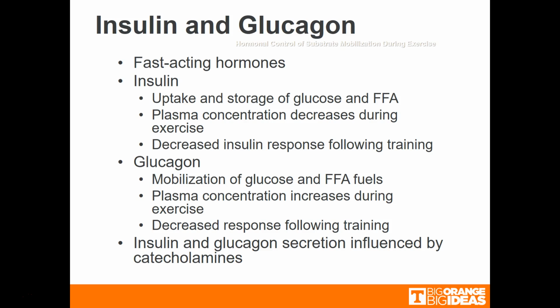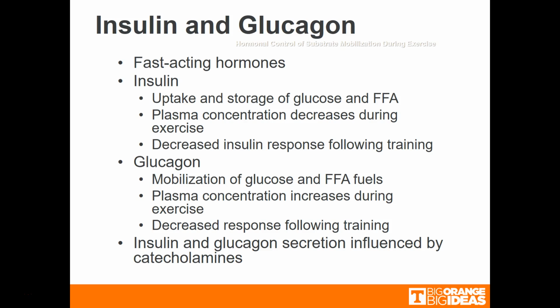This is one of the reasons why exercise is so important for individuals who have diabetes, where they have a decreased insulin production or they don't release insulin, because exercise will actually lead to the surfacing of those GLUT4 receptors and help get glucose into the muscle cell without the use of insulin. You will see decreased insulin response following training because the individuals tend to use less glucose in order to do their activities.